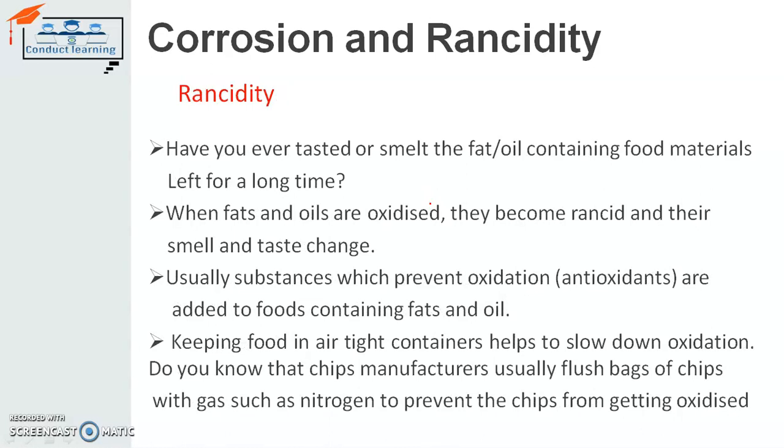Another example is rancidity. Have you tasted or smelled fat and oil containing food material left for a long time? You notice that any oily stuff, oily food that you leave for a long time, gets a different taste, or it starts giving a smell because of the rancidity, because they are getting oxidized.